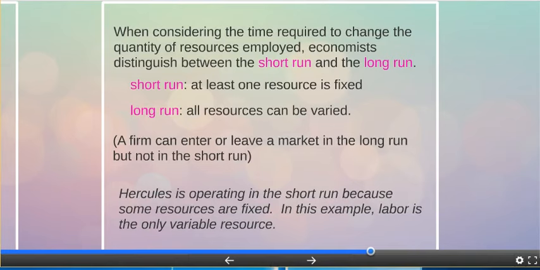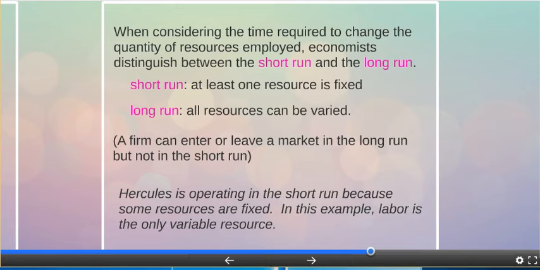When considering the time required to change the quantity of resources employed, economists distinguish between the long run and the short run. In the short run, at least one resource has to remain fixed. In the long run, all resources can be varied. Hercules is operating in the short run because some resources are fixed.